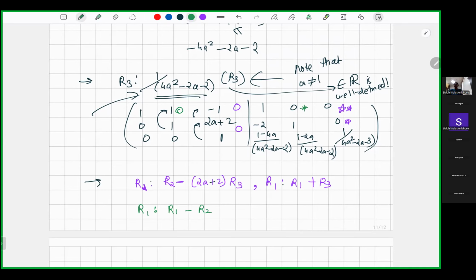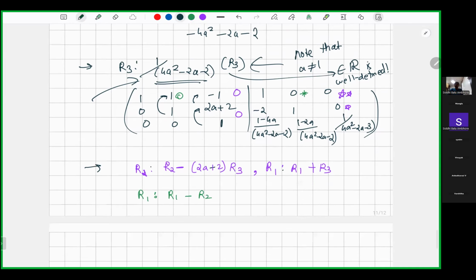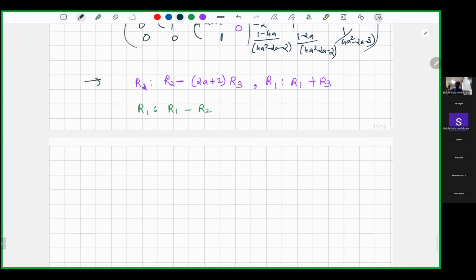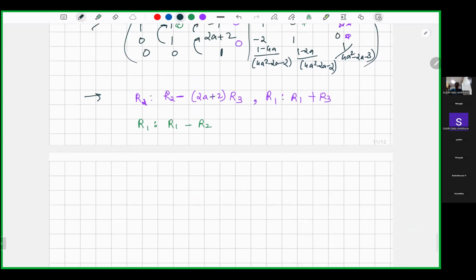And once you get the inverse, that inverse would work for any given A not equal to 3 by 2 and not equal to 1. So the resultant matrix here will be the inverse. Let me call this star.